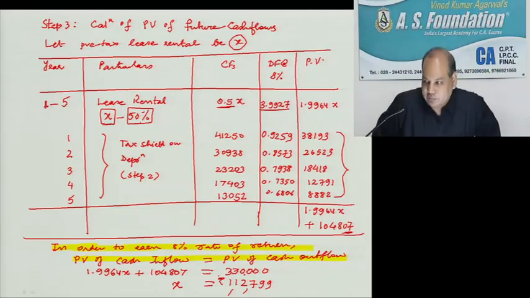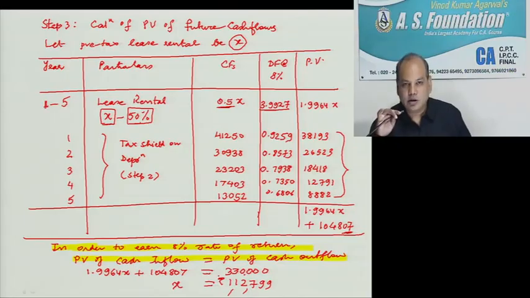Alternatively, one may assume salvage value is equal to book value at the end of 5th year.